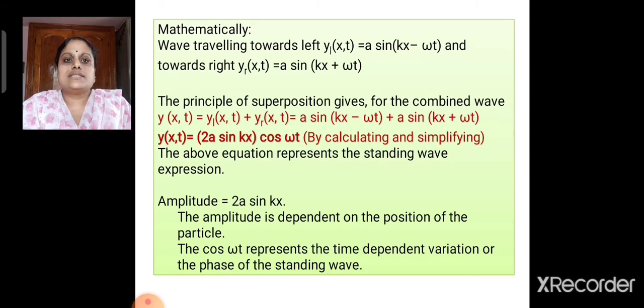Now let us discuss the mathematical treatment of stationary waves. Let us take the incident wave traveling towards the right as yi(x,t) = a sin(kx - omega t), and the reflected wave to be yr(x,t) = a sin(kx + omega t).